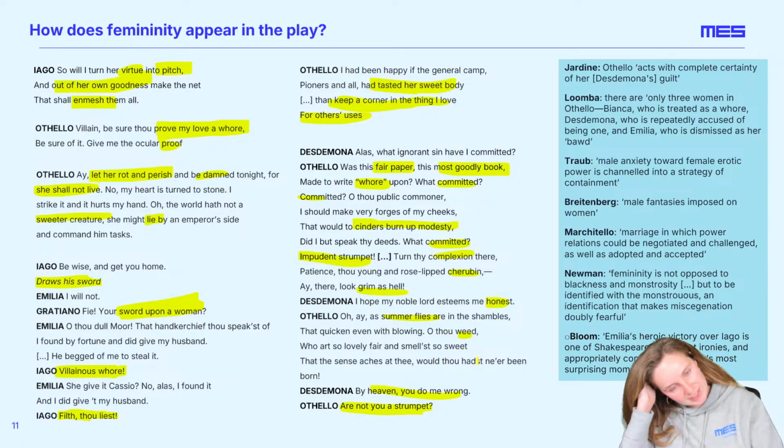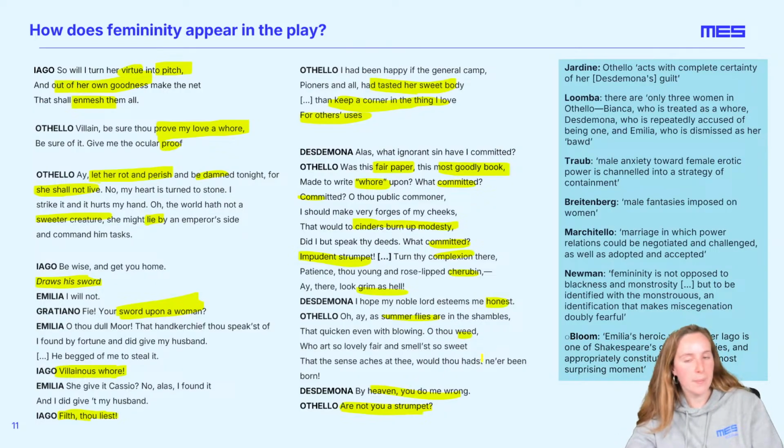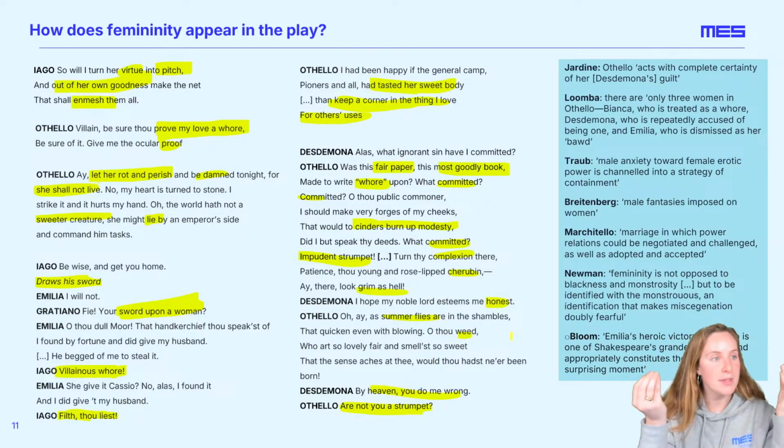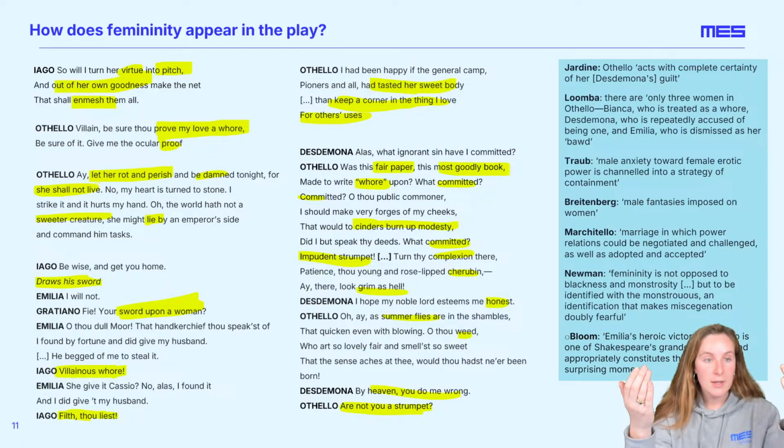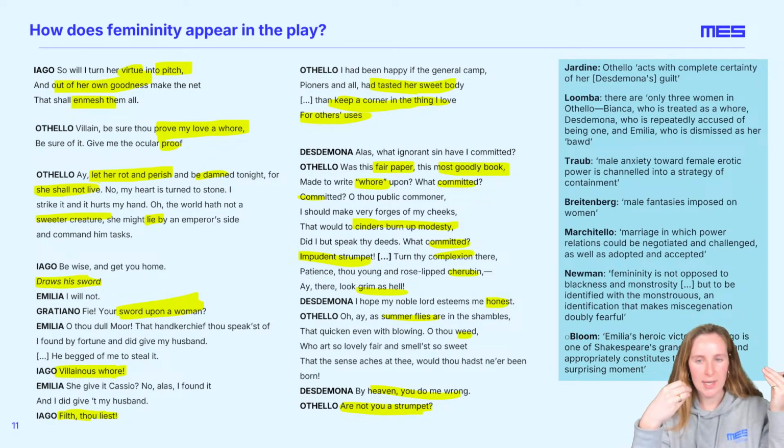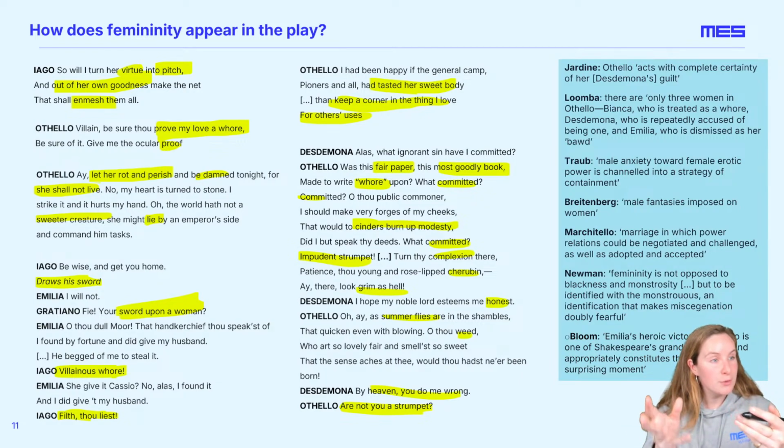So here Desdemona is saying, what have I done unknowingly? He says, is this paper, this book, he's saying her face, has it got the word whore written on it? Has it been contaminated with this writing over it? Essentially, I'm looking at your face that's so beautiful. Is it revealing that you're a whore? Committed, like, what have you done?